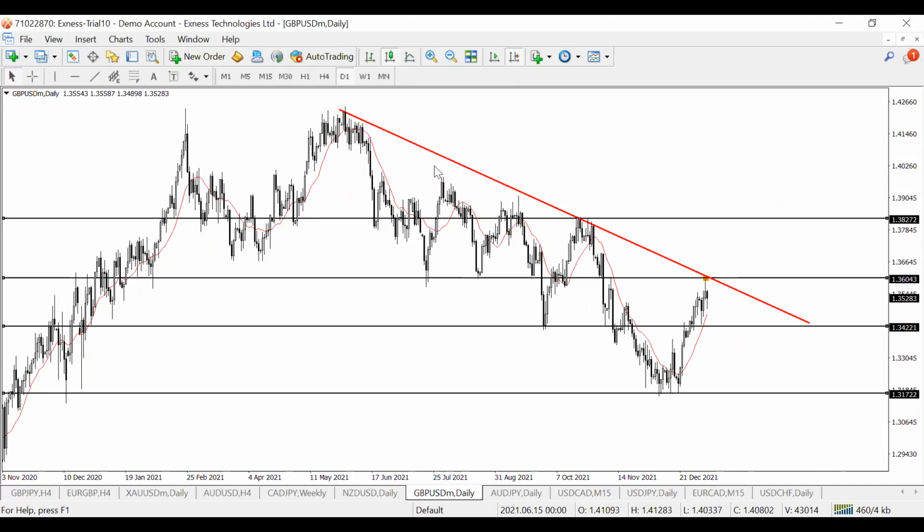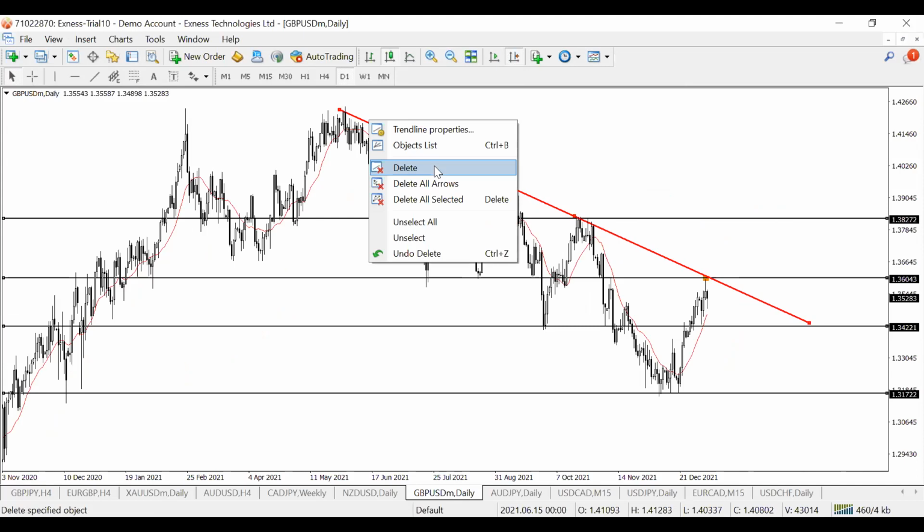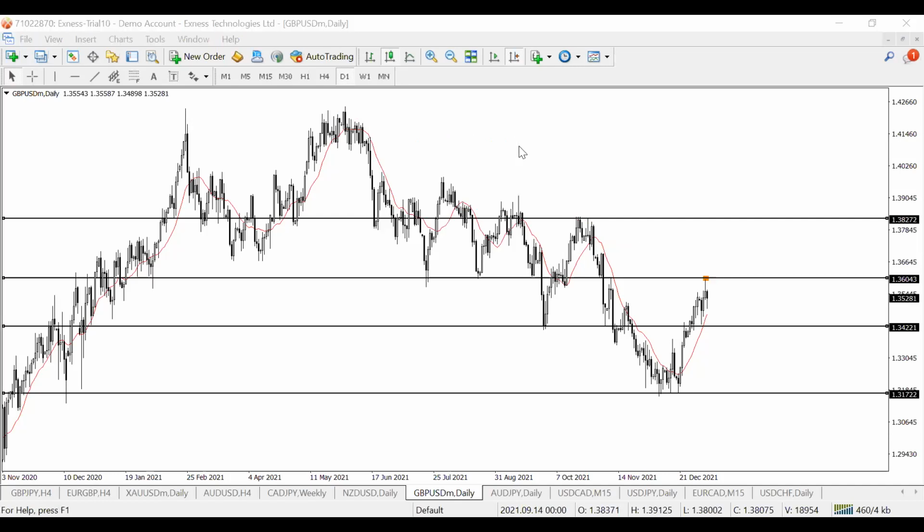There's something they call dynamic support and resistance. Dynamic support and resistance are support and resistance that can be identified as they change from different levels. You can identify them with the help of some indicators.